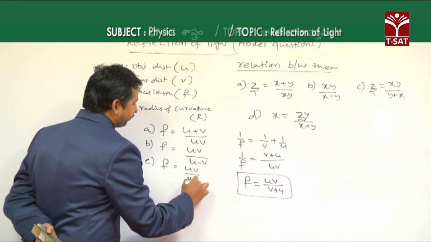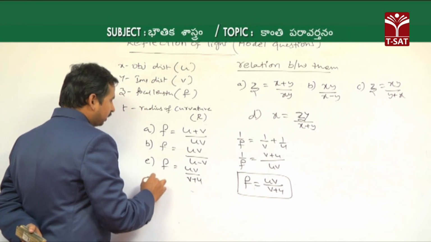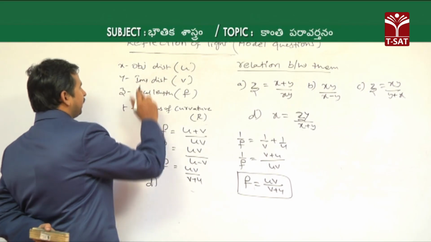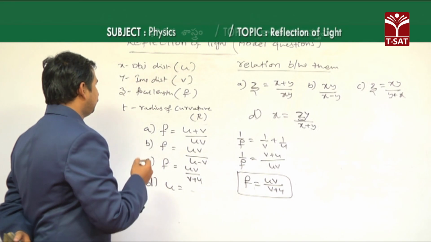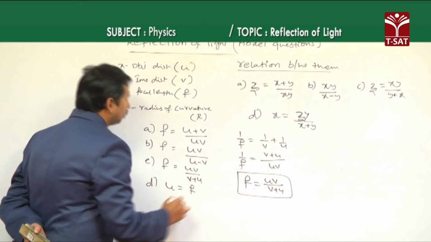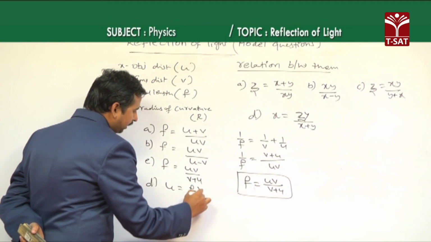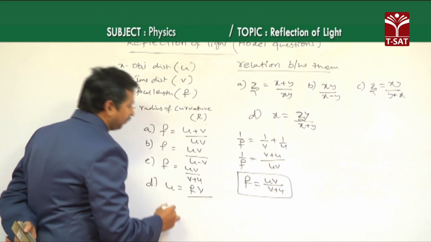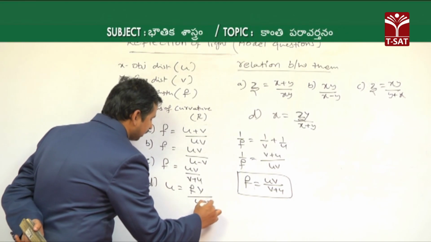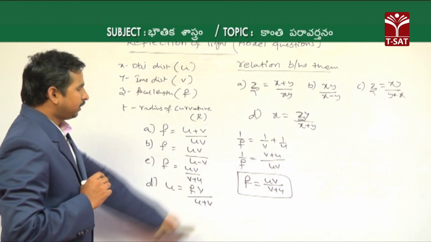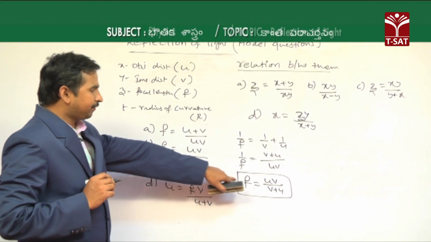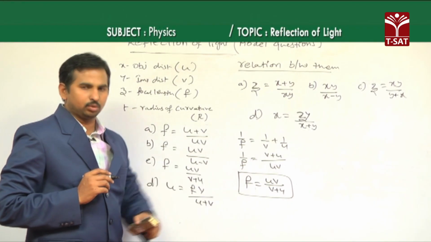And option d is x is equal to zy by x plus y, where x is the object distance u, z is f, and y is v, so f v by v plus u. So, these are our given options here, but when related, the actual relation is f is equal to uv by v plus u.